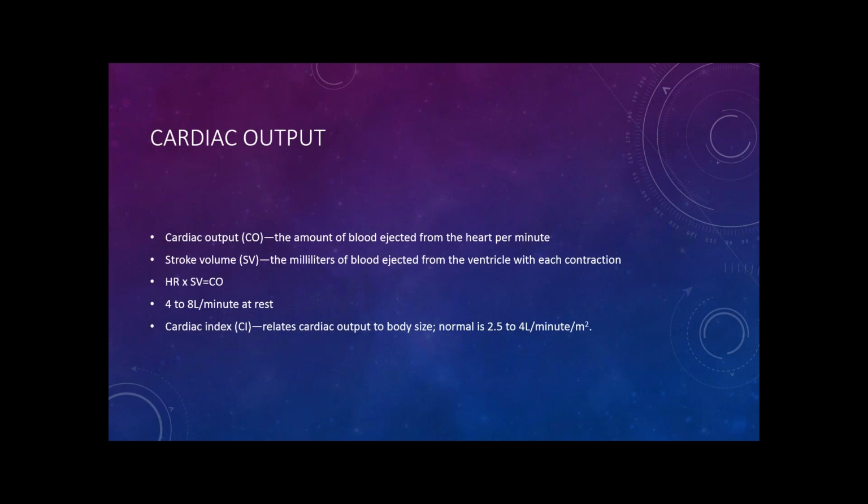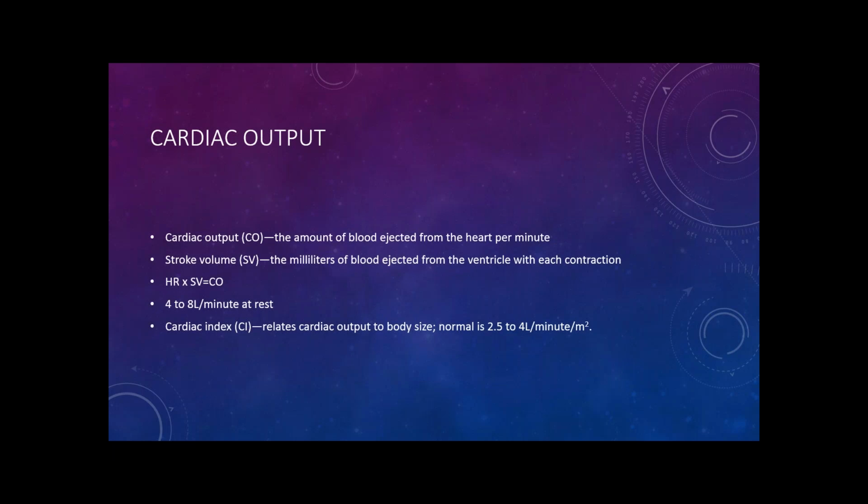At rest. Cardiac index is where we actually take the cardiac output and we utilize the patient's height and weight and get the body surface area. We can actually then individualize the cardiac output to that particular patient's body size. That is called a cardiac index. Okay?